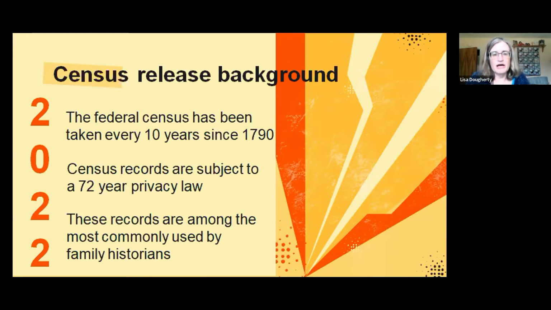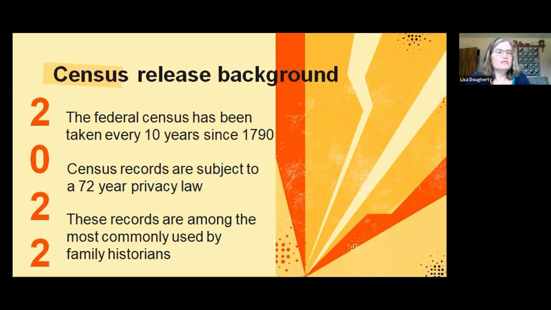So starting in 1790, every 10 years, census takers would go out and mostly go door to door collecting information. And that happened pretty much up until the modern era. And even back in 2020, when the census was taken, there was still a bit of door to door going on. So it was mostly a door to door, face-to-face collection of information.